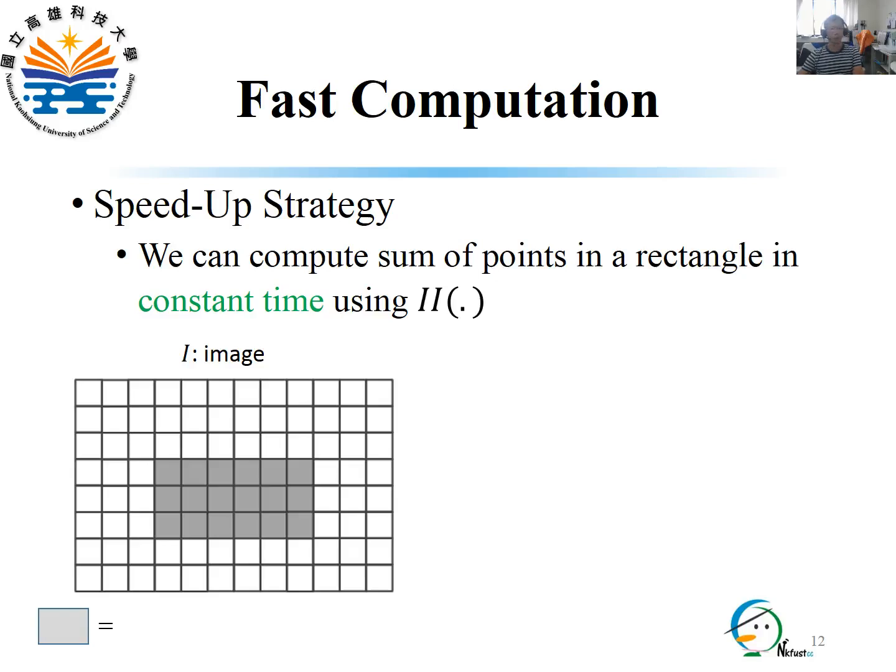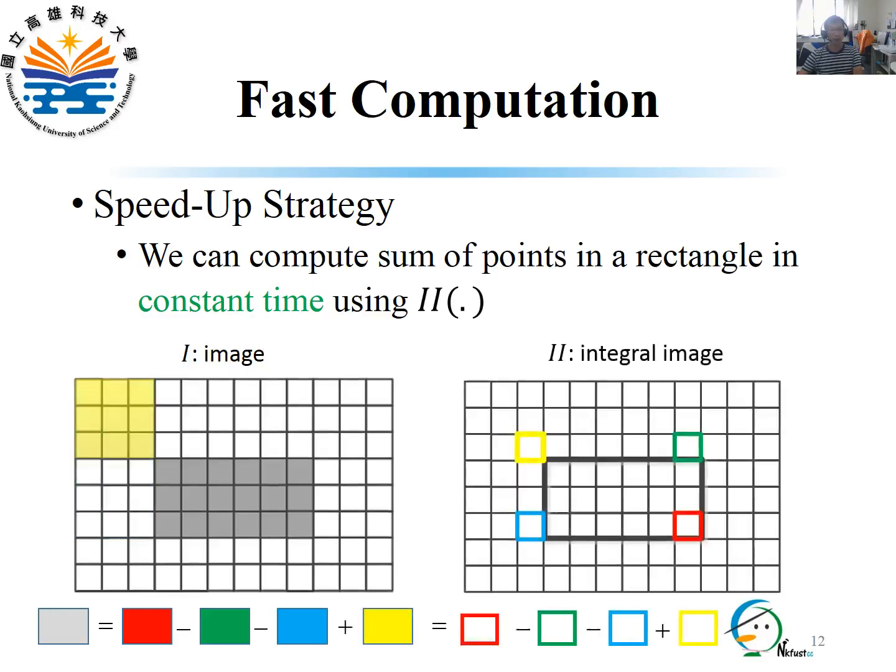Using the integral image, we can compute the sum of points in a rectangle in constant time. According to basic geometry, the sum of points in the gray rectangle in the original image equals the sum over the red rectangle minus the sums in the green and blue rectangles, and finally plus the sum in the yellow rectangle.